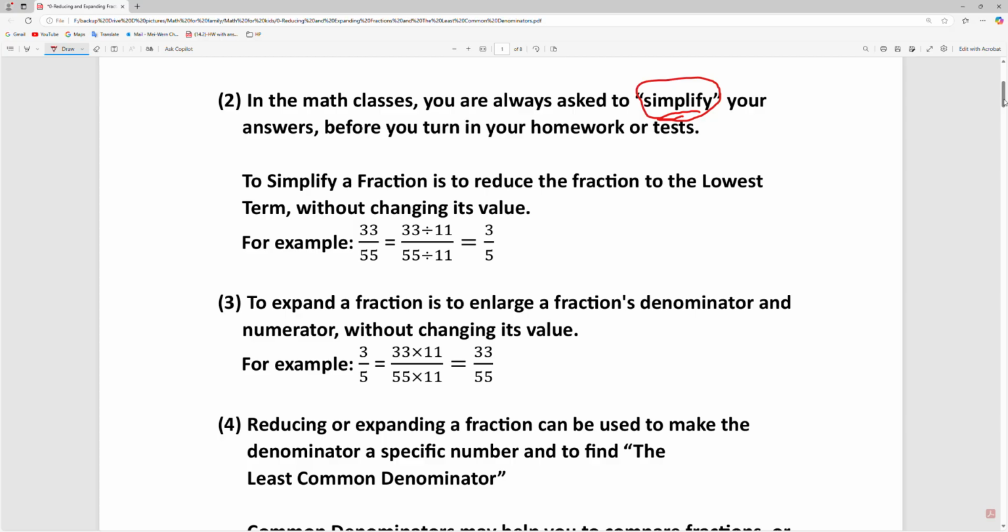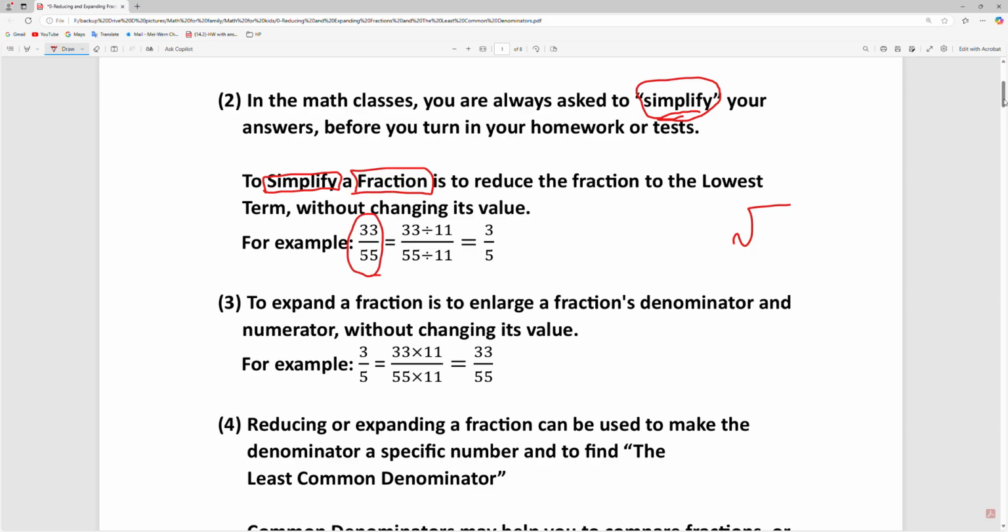Now, here, to simplify a fraction. So today, I'm not going to talk about how to simplify a square root or anything else. I'm talking about how to simplify a fraction.